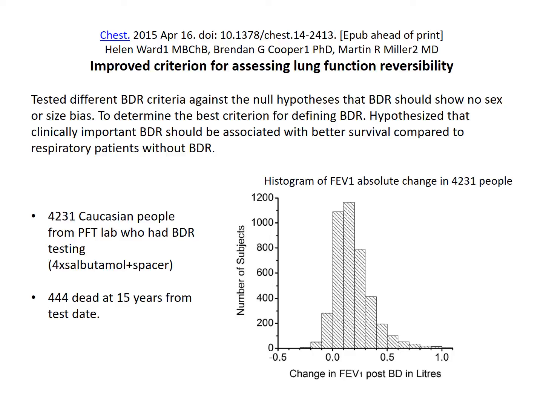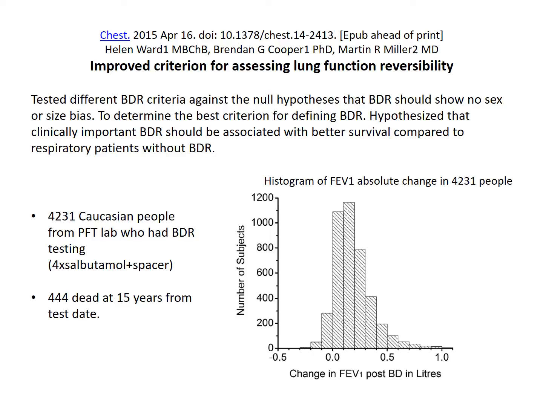The hypothesis is based on the premise that people that do have a significant response are more likely to be asthmatic, so are more likely to respond to treatment, asthma being a treatable disease. So they are more likely to be alive in the time frame they've used. This differs from the study we just looked at, as they didn't classify any diseases in the beginning.